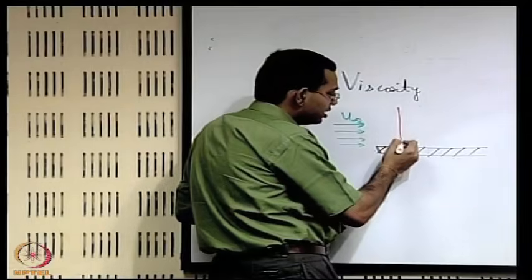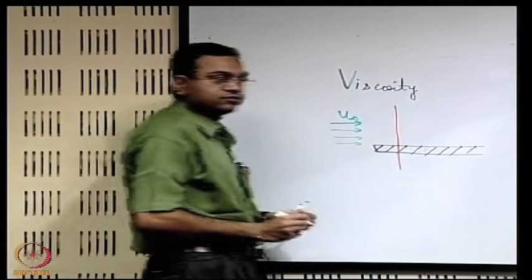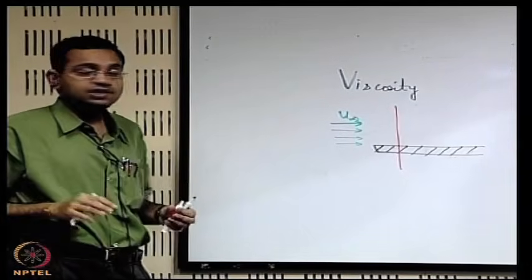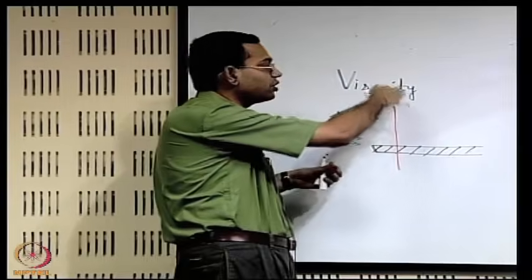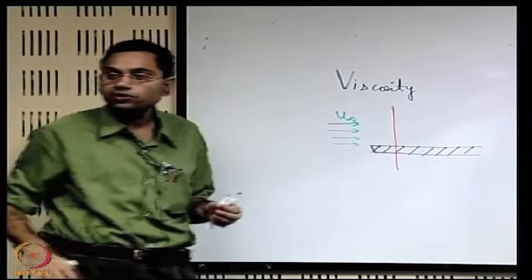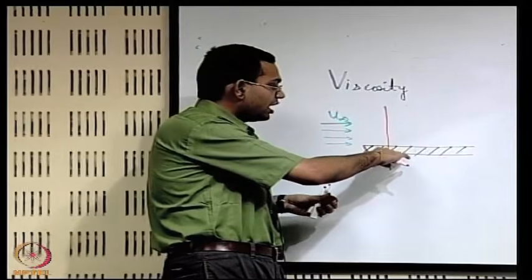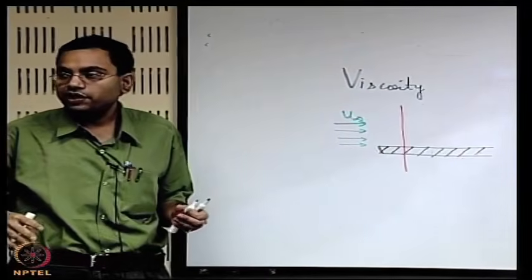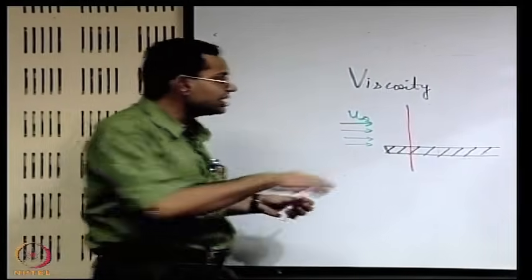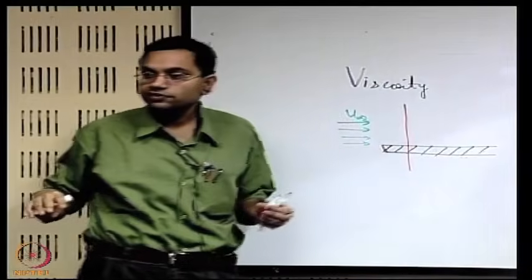Next you consider a layer of fluid which is just above this one. This layer is subjected to two effects: what is there at the top of it and what is there at the bottom of it. At the bottom there is a plate and a stagnant layer of fluid molecules adjacent to the plate, and this stagnant layer does not want the upper layer to move fast.